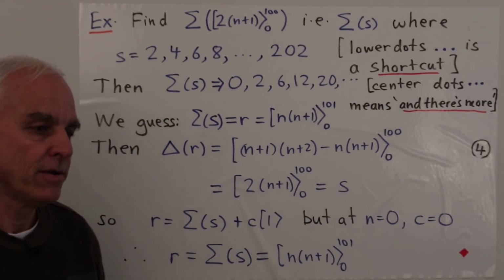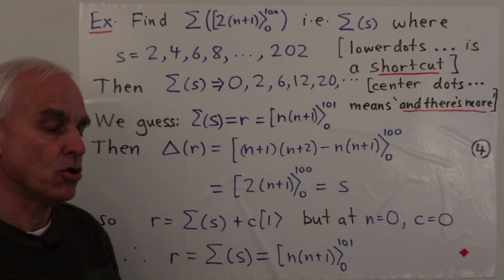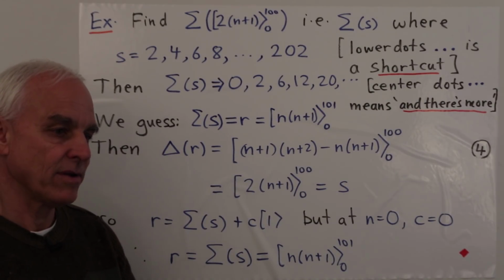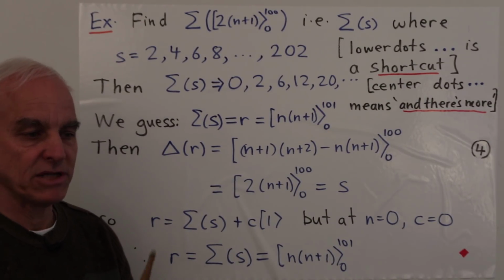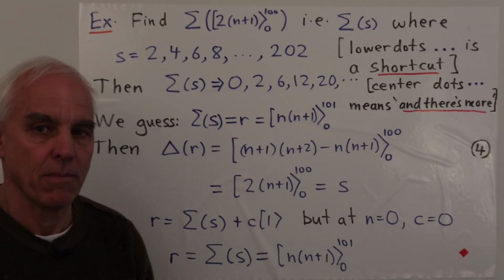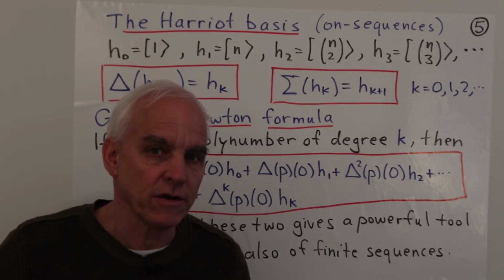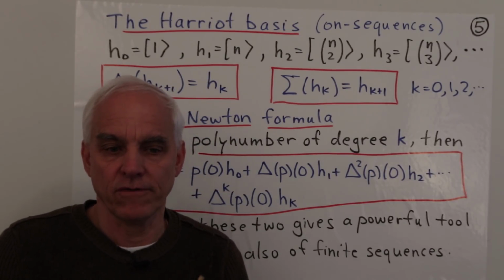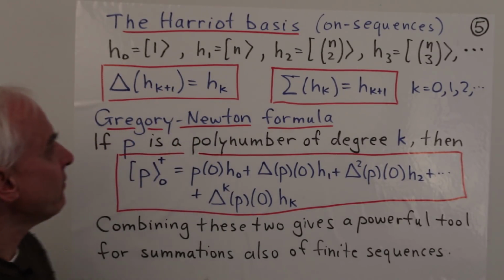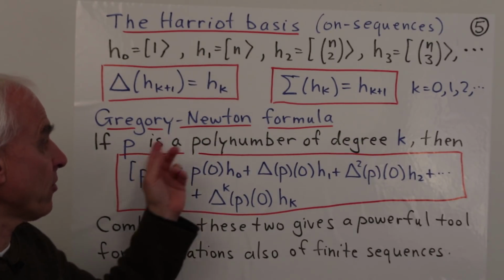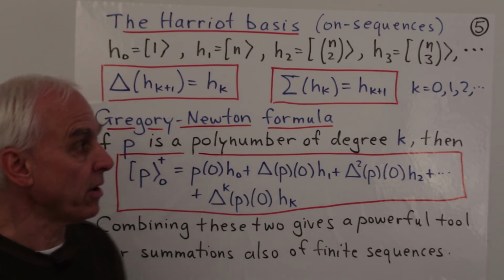That's an example of exploiting the fact that knowing about differences can tell us about summations because they're sort of inverse operations. There's another important technology for finding summations of sequences that involves the Harriot basis and the Gregory-Newton formula that we talked about last time.